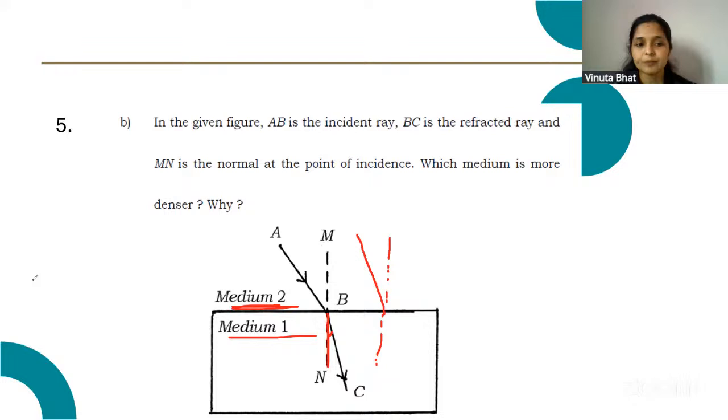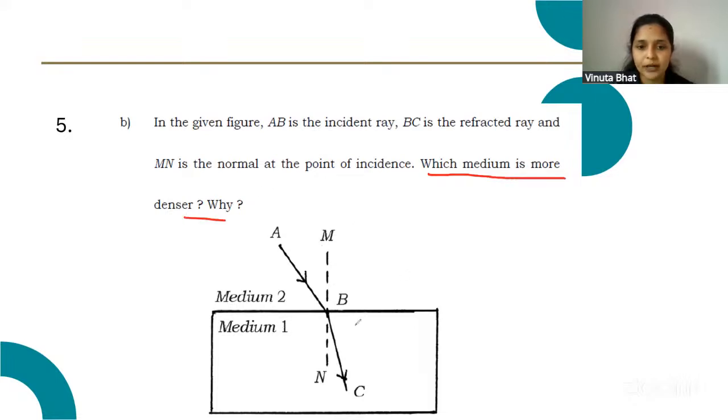If the incident ray, when it enters medium 1, moves away from the normal MN, then medium 1 would be less dense. So which medium is more dense?